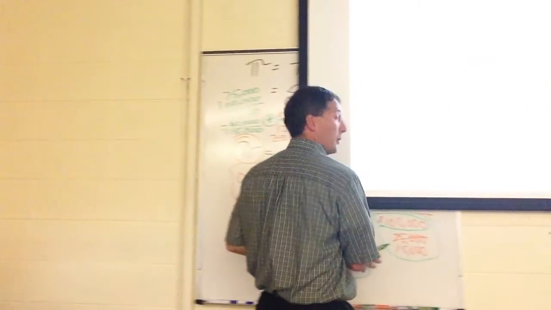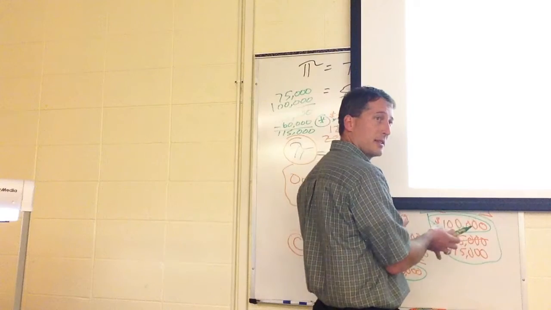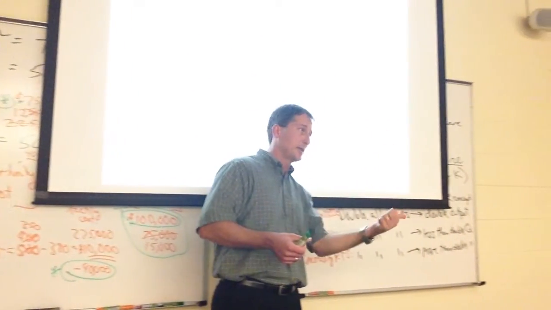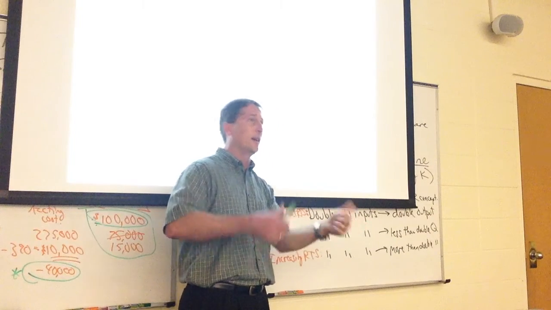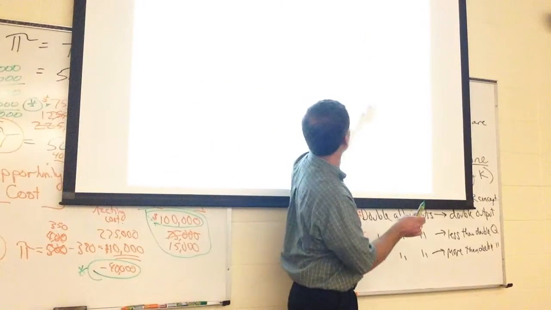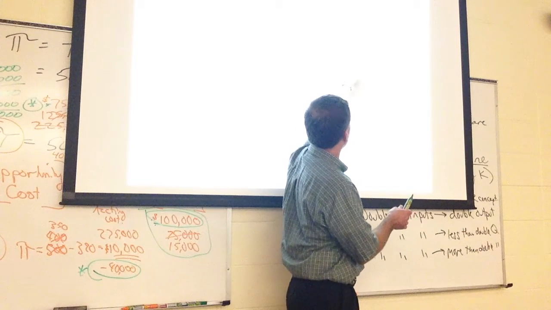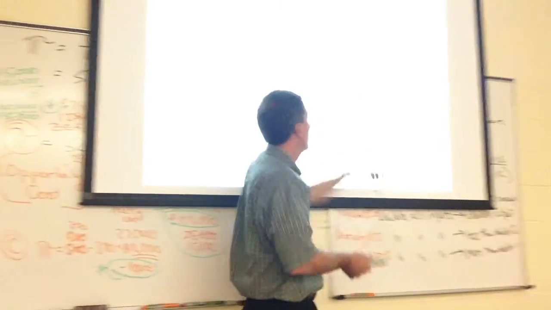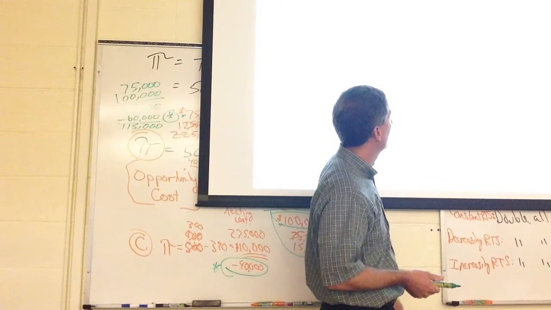Notice that's different than what we just did with implicit and explicit cost. It's just the other way of separating cost into those that vary with quantity and those that don't. All costs can be thrown into this category or that category. They either change with output or they're fixed with output.